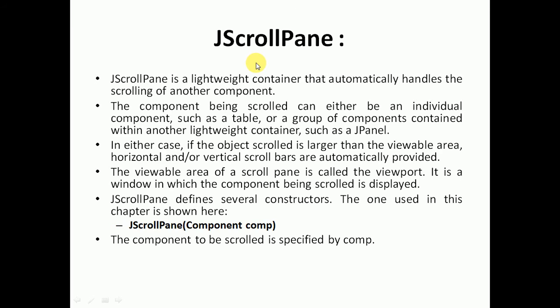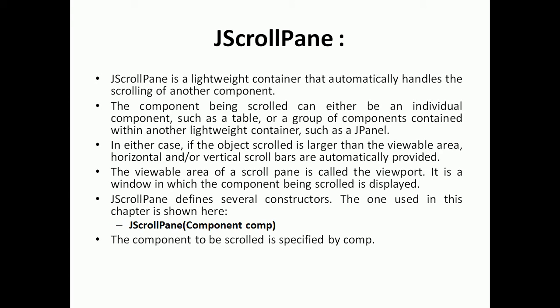So first one is a JScrollPane. So this JScrollPane is a lightweight container that automatically handles the scrolling of another component. The component being scrolled can either be an individual component such as a table or a group of components contained within another lightweight container such as a JPanel.